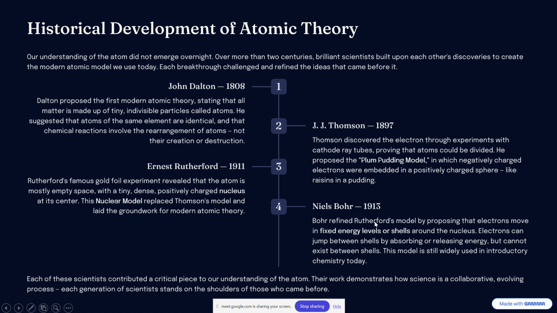Bohr redefined Rutherford's model by proposing that electrons move in fixed energy levels, emphasis on the fixed energy level or shell around the nucleus. So electrons can jump between shells by absorbing or releasing energy. We will talk more about that when we get to a particular aspect in physics, but electrons cannot exist between shells. This model is still widely used in introductory chemistry today.